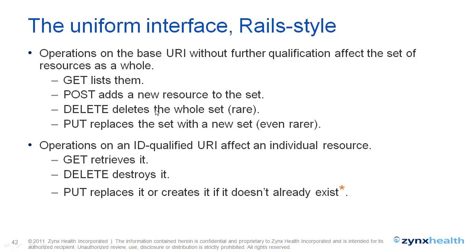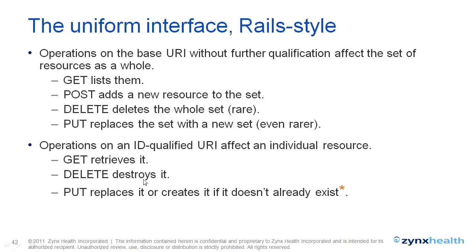And there are some rare interpretations of delete and put, but for sets of resources represented by a base URI, it's really get and post we're talking about. If you then talk about a URI that has ID information on it, in other words, that represents an individual resource, a get retrieves a representation of that resource, of course.